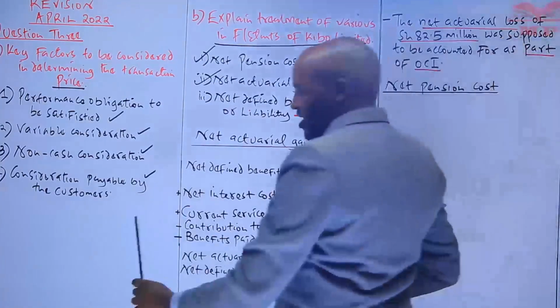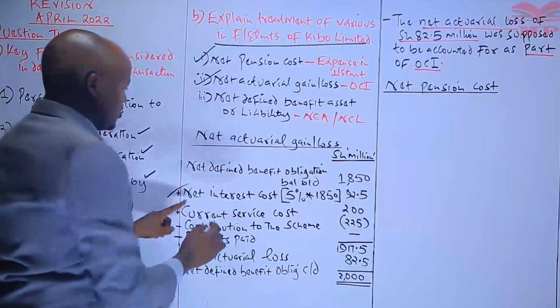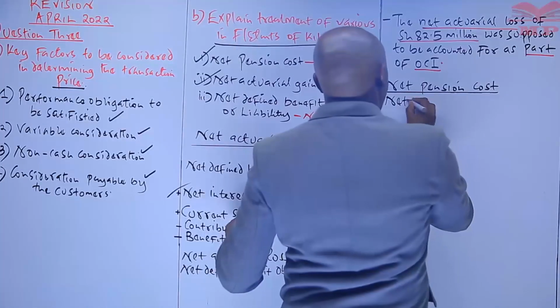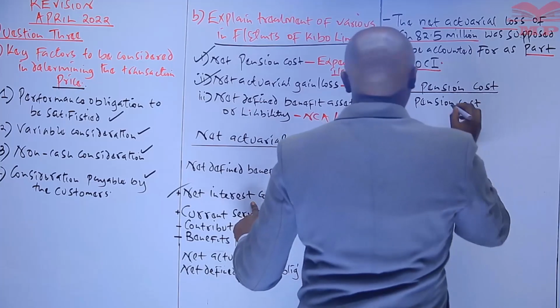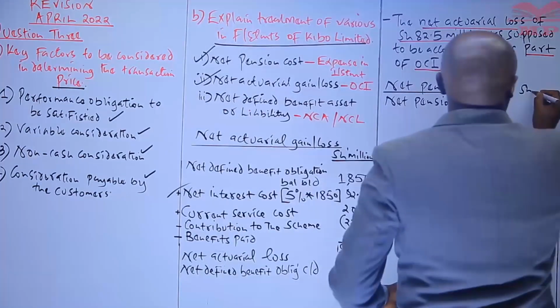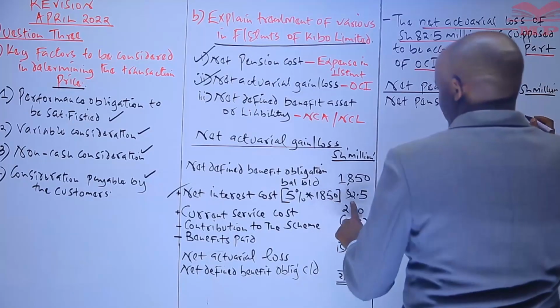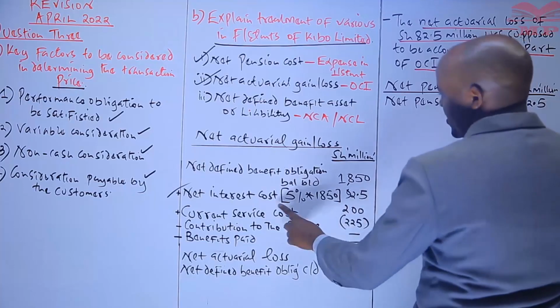One, we take this net pension cost, how much is that? That is an amount of 92.5. This is an item of expense.